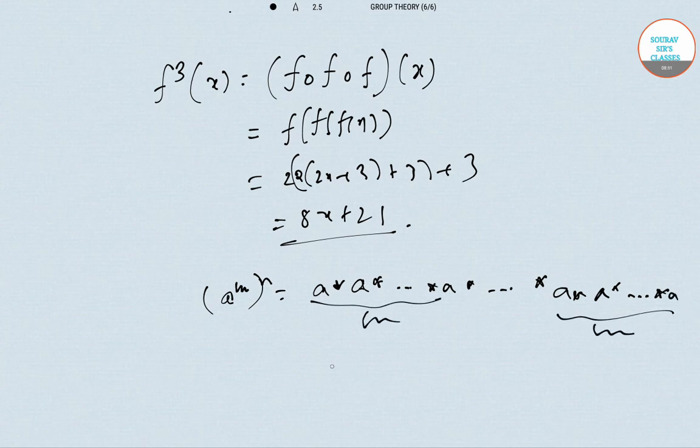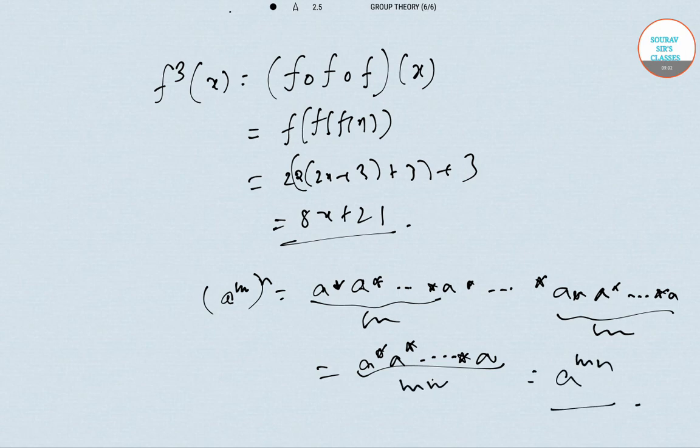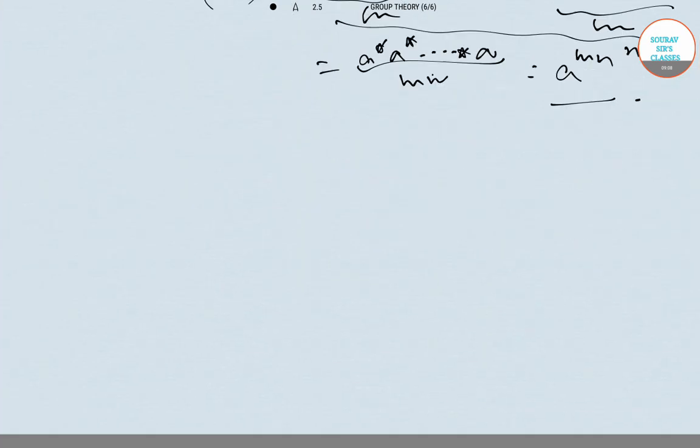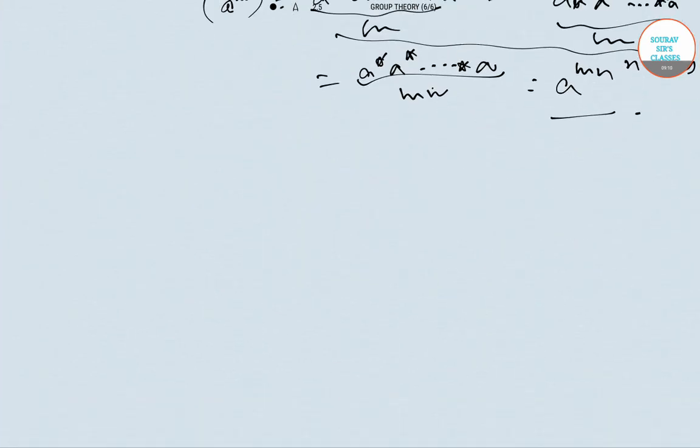So m times a star is coming, and this whole thing is coming n times, so the whole thing comes mn times. That is a to the power mn. That's it. Okay.